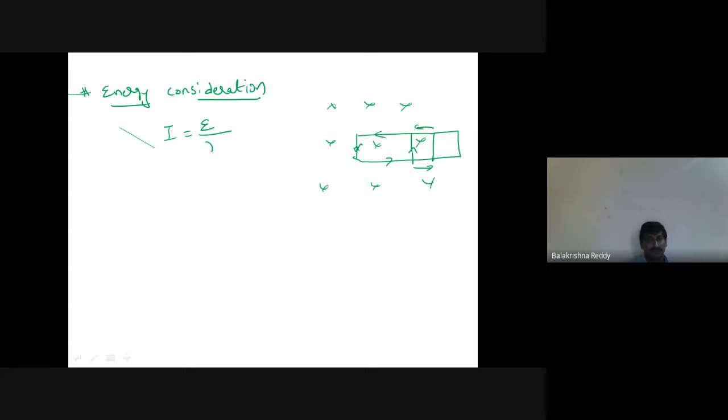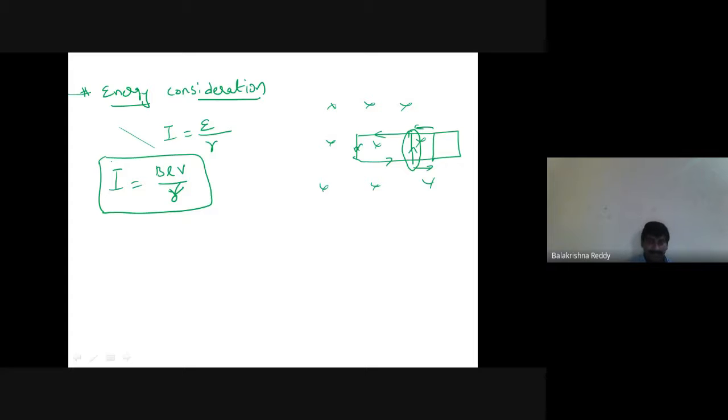Of course, the rest of the loop also has resistance, but it is negligible compared to this resistance. So I equal to E by R. From the motional EMF case, I equal to BLV by R, right?